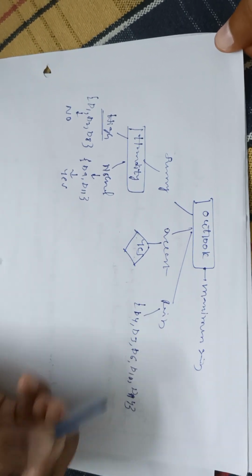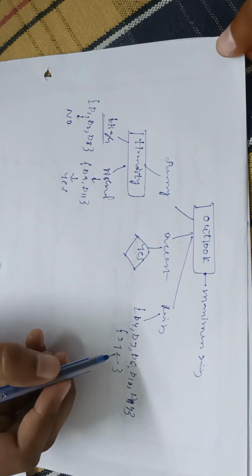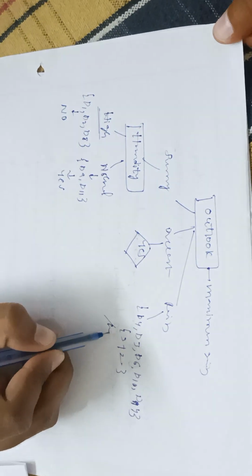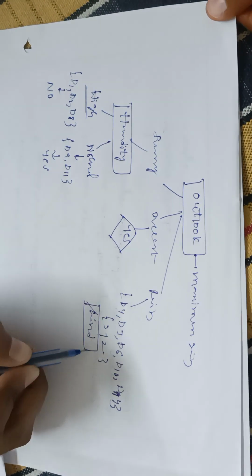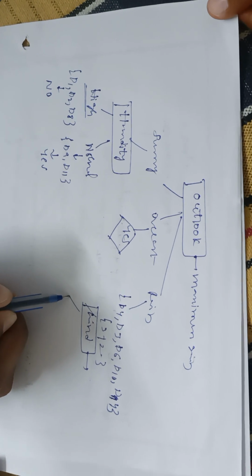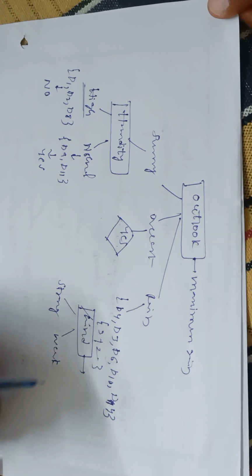Coming to rain, the data sets labeled as rain are D4, D5, D6, D10, D14. Among these data sets, 3 are positive and 2 are negative. After calculating the entropy on the attributes of rain, we get wind as the node because it contains maximum gain. After calculating the entropy of wind, we have two values, strong and weak.